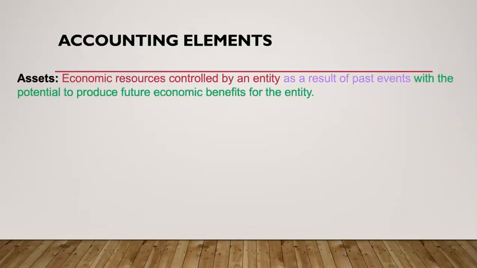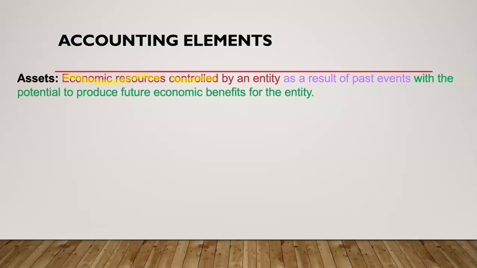Firstly, we come to our assets. This is our technical definition, and this is the definition that you're going to use because we're in Year 12 accounting, and it's important to get your definitions correct. And there are some key elements here. An asset is an economic resource controlled by an entity, controlled by the business. I'm going to highlight the important parts.